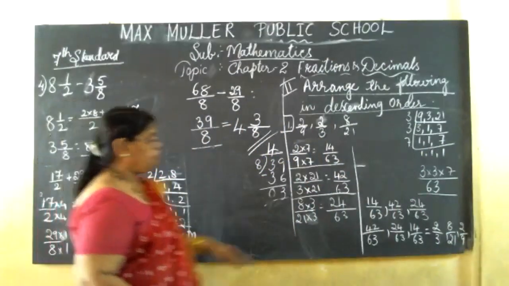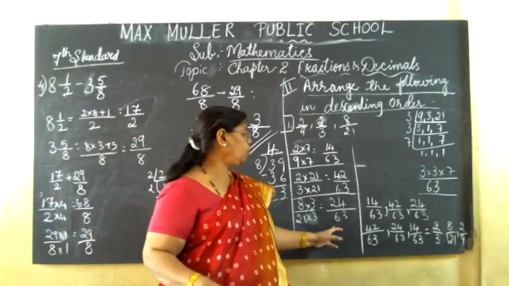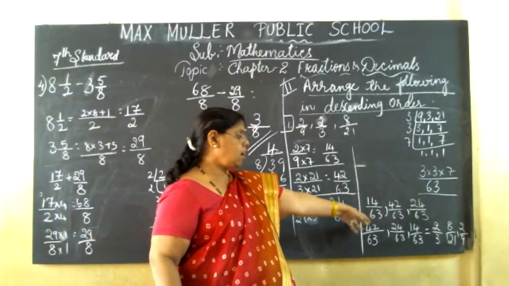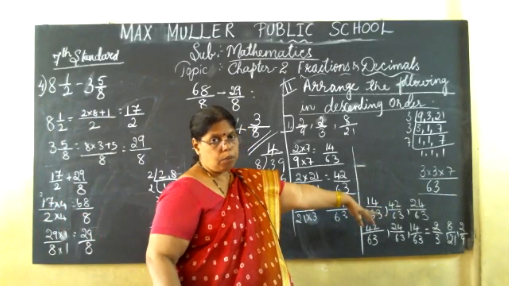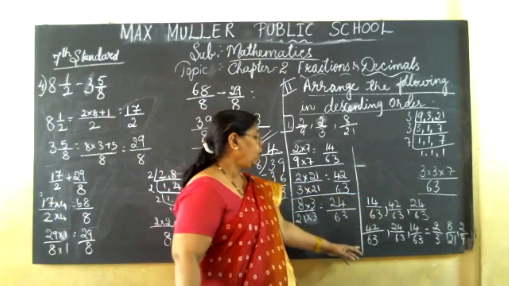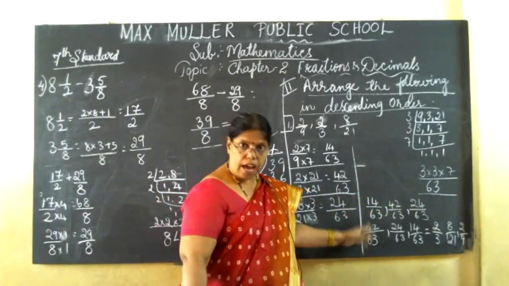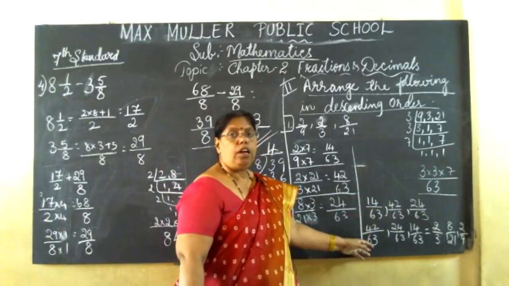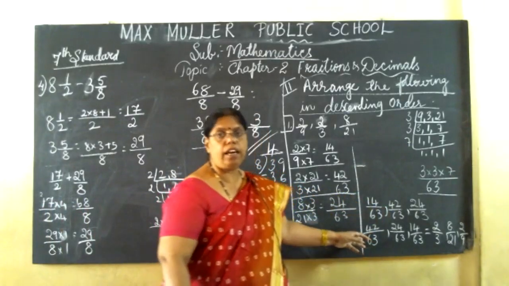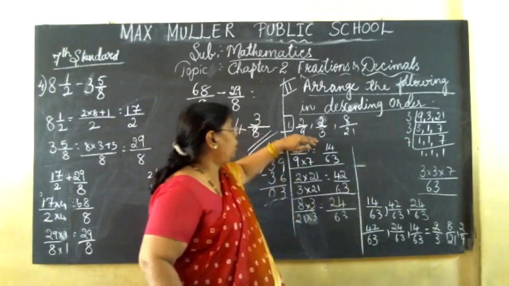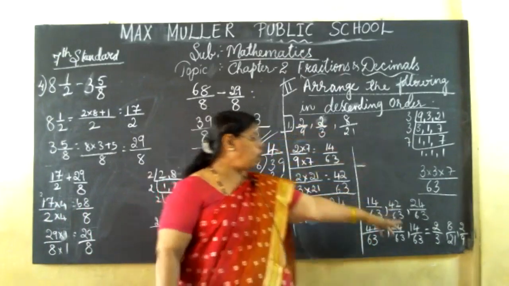Did you get it? First, we have converted into like fractions, that is, all the denominators will be equal. Then we arranged them in descending order. In this order, we have brought it here.